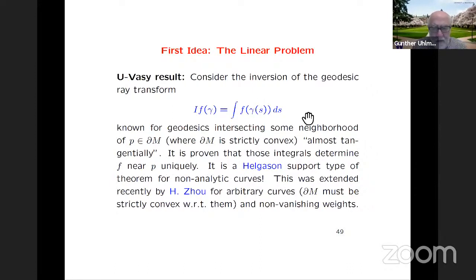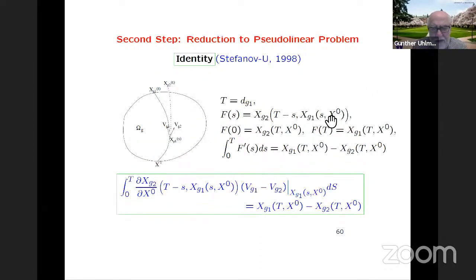You can flow not only a geodesic flow here, this is geodesics, you can take other flows. The same idea leads to this type of formulas, which are linear in the difference of the Hamiltonian vector fields.